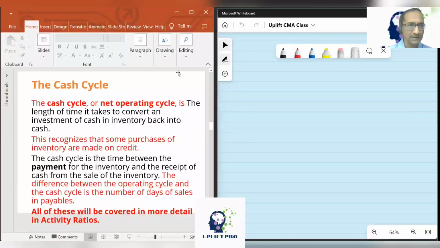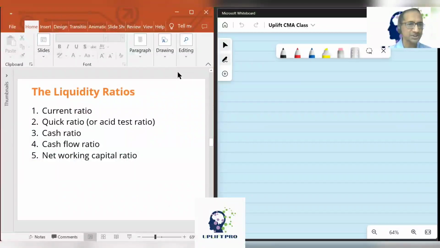These are the ratios which help you understand whether you have sufficient money or assets to meet your current liabilities. So the three ratios we're going to study are current ratio, quick ratio or asset test ratio, and cash ratio.